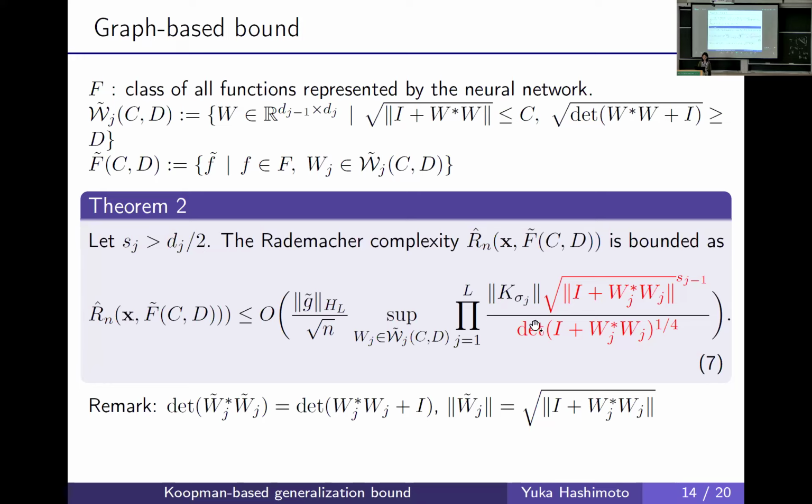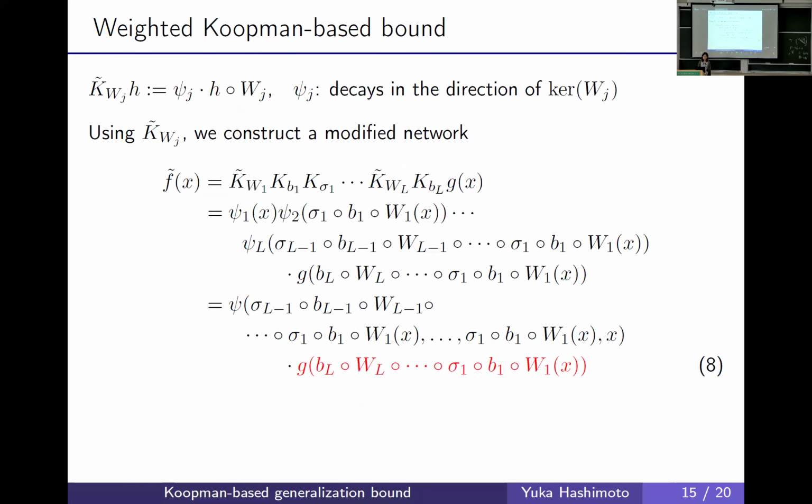But we still have a determinant term here. So it means even if the singular value of Wj is large, the bound becomes small. We can also use a weighted Koopman operator to tackle this problem.